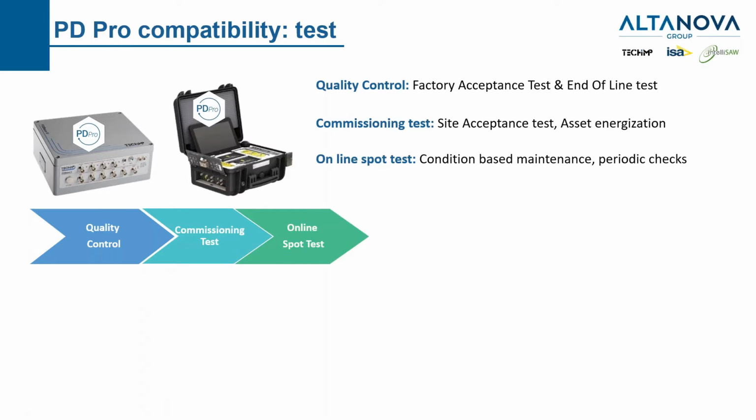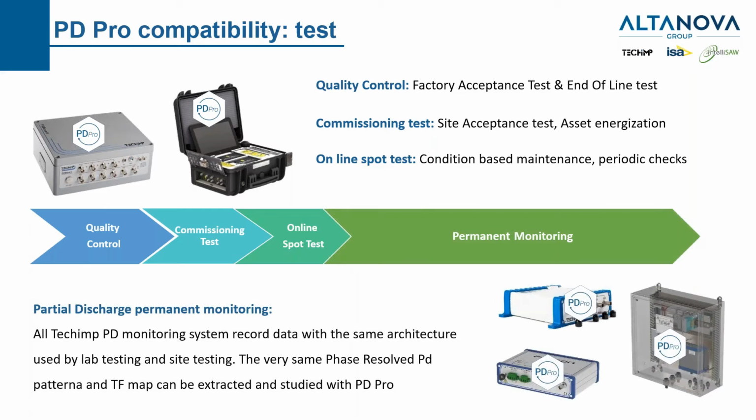We can use the PDPro as well for the commissioning of high voltage equipment or for online spot measurement on high voltage equipment or medium voltage equipment with the Aquila or Micro Aquila. And we can use the PDPro to analyze the data coming from permanent monitoring, which can be T-SCADA or Falcon. One software for all the different stages of the lifetime of an asset.